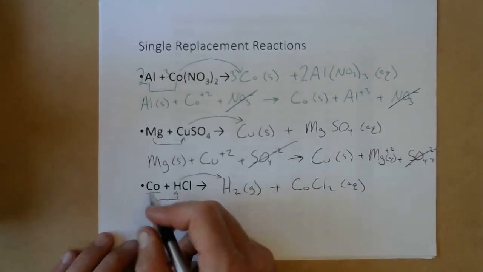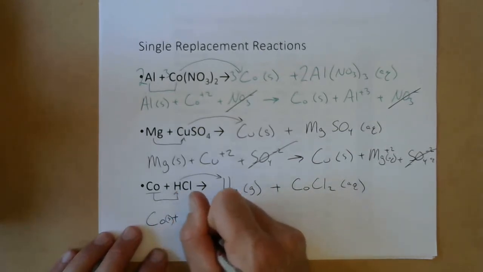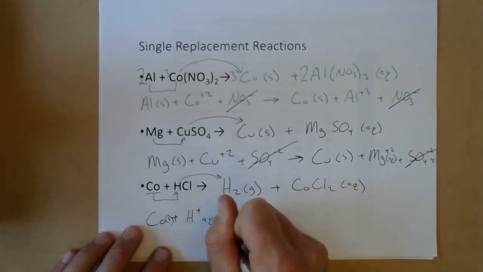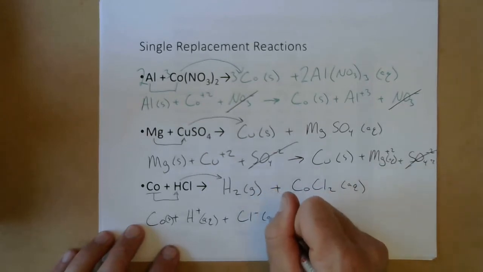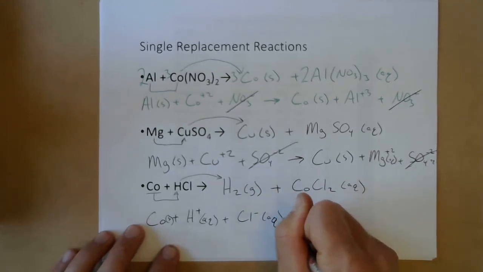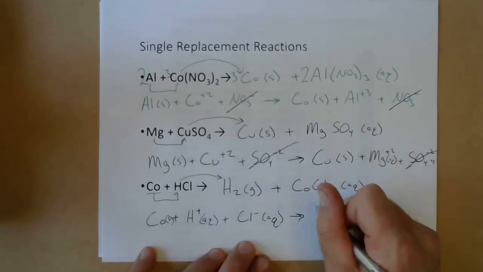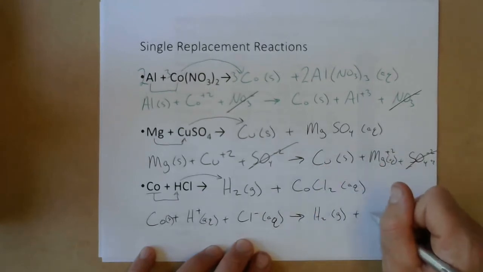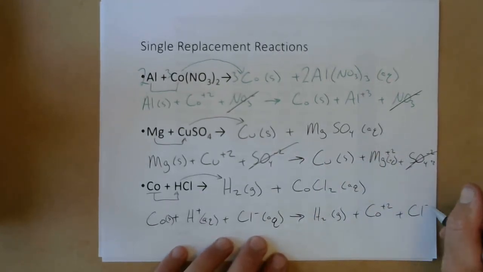And then a net ionic equation for this one: Co plus, that's a solid, plus hydrogen ions that are aqueous, chloride ions, which are also aqueous, are going to make hydrogen gas, cobalt ions, and chloride ions.